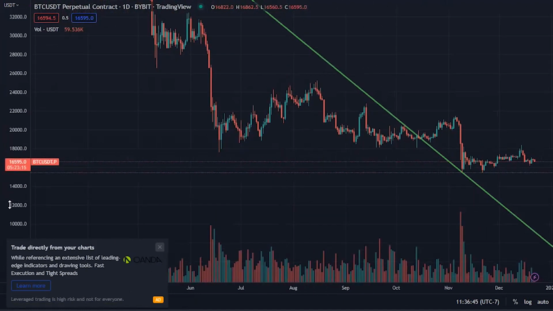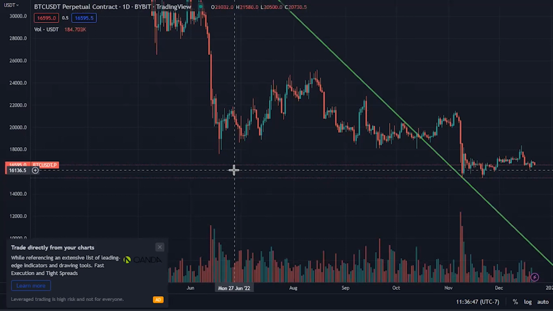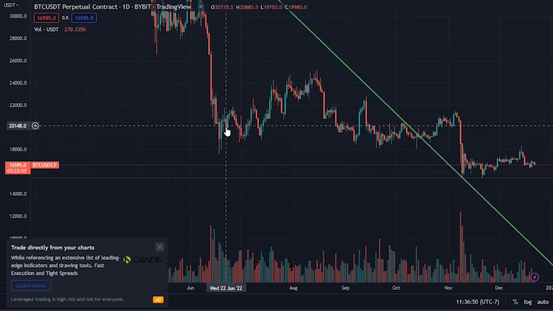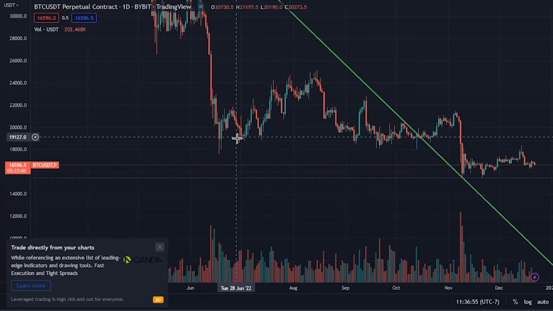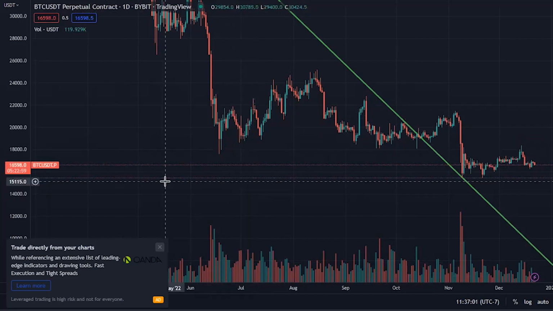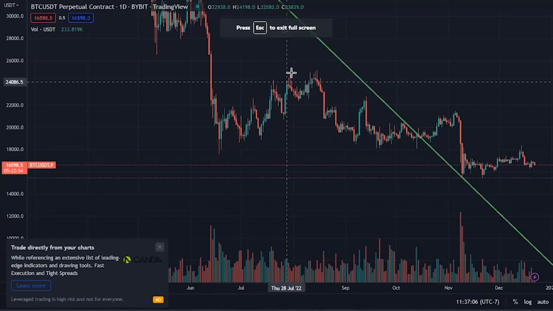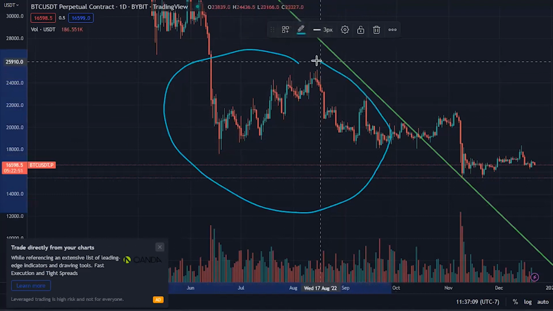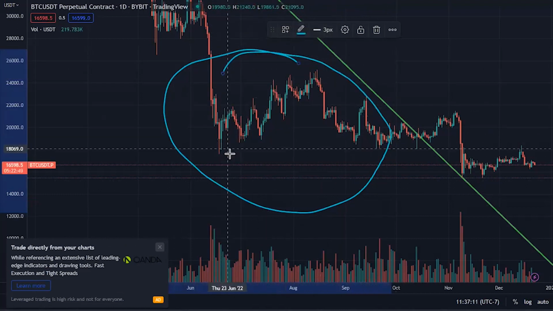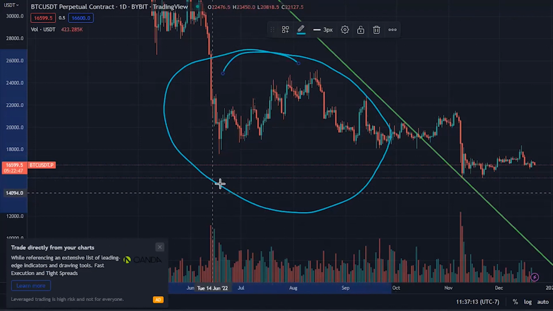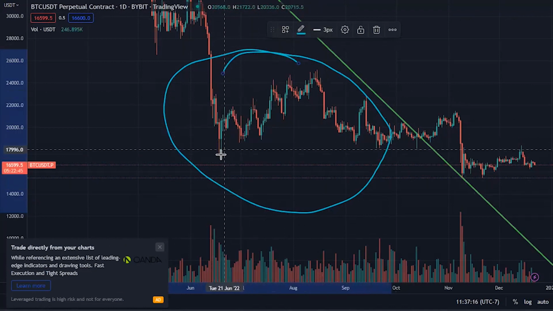Okay, now in order to identify an uptrend, you need to be able to see the price forming higher highs and higher lows. Okay, when you see the price forming higher highs and higher lows, then that is an indication that the price is in an uptrend. So this section here alone, this is like a minor uptrend in the Bitcoin price here on the daily time frame. Okay, it's a minor uptrend because the price was forming higher highs.